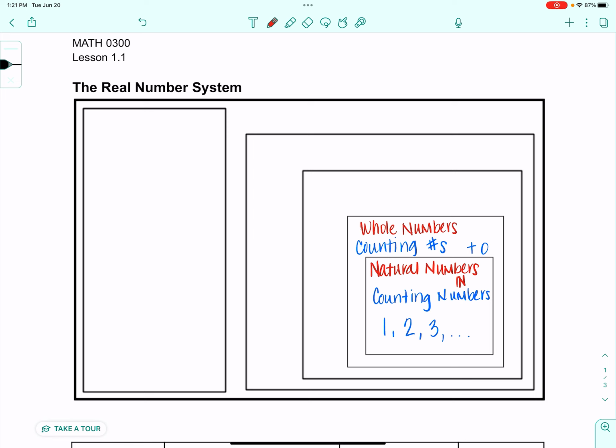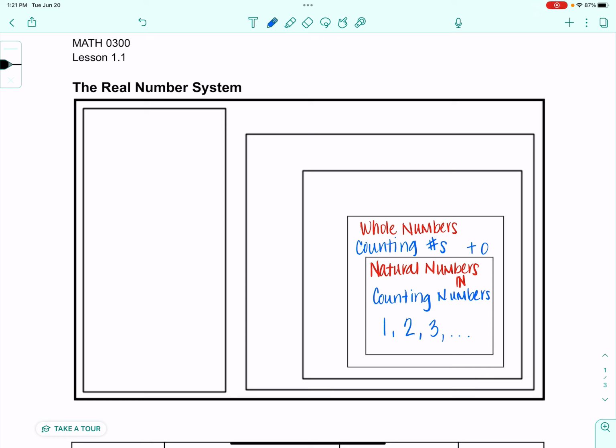Then you hit about 6th grade maybe, and you learn that there are other numbers, unless you've lived up north. Then you already knew about these guys with their super, super cold temperatures in the winter.